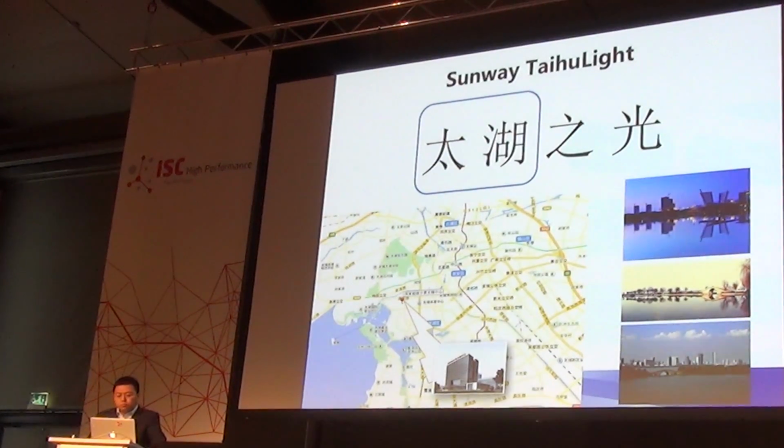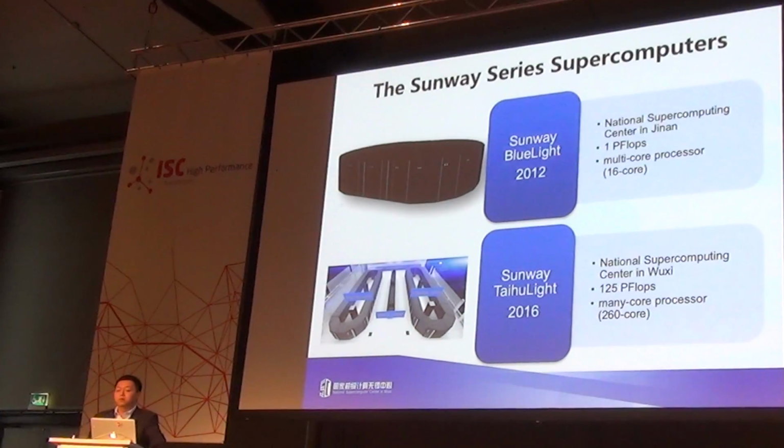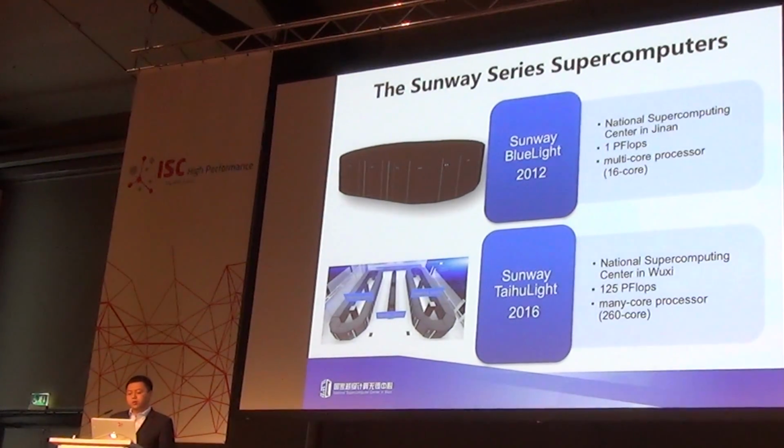Now, TaihuLight is not the first Sunway supercomputer. We had the Sunway BlueLight in the year 2012. It's located in Jinan with a peak performance of 1 petaflops. That system uses multi-core CPUs with 16 cores in one chip. Compared with that, the TaihuLight located in Wuxi has a peak performance of 125 petaflops.